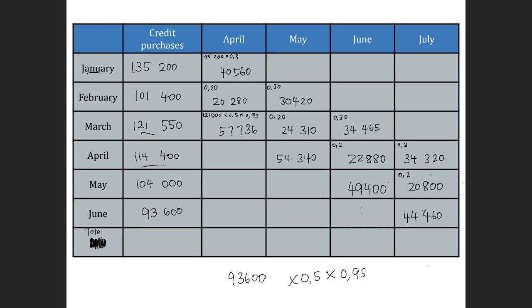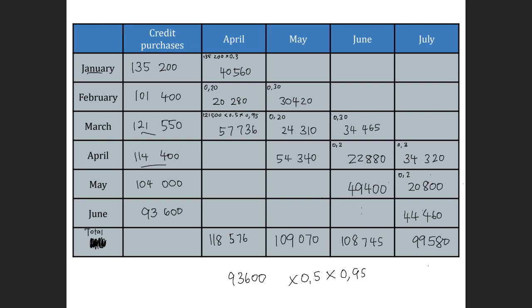Okay, so I am assuming you have calculated these totals. Okay, so that is your creditors payment schedule.